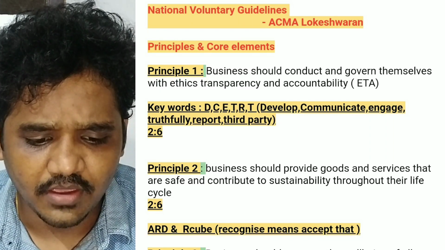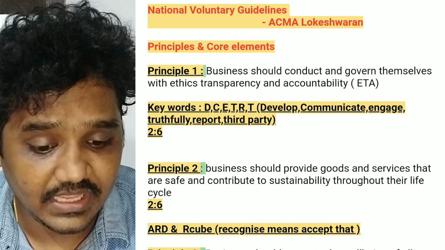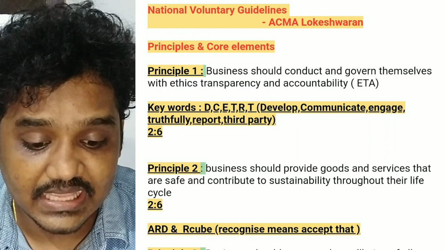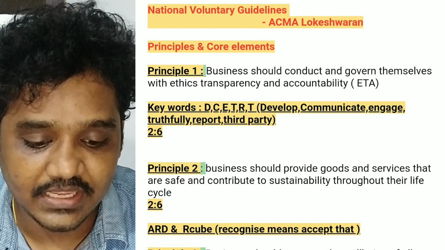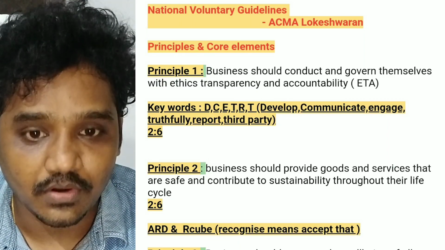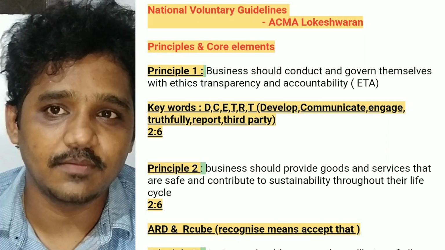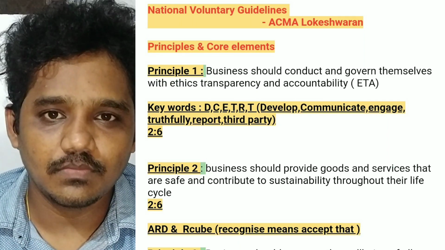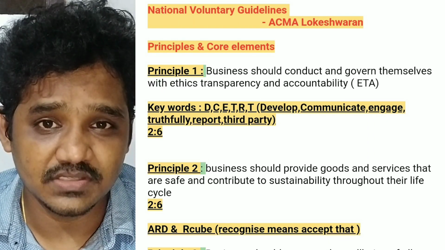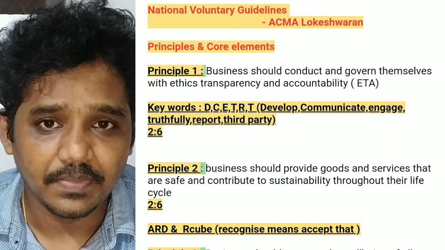Let's begin. Business should develop governance structures and procedures. When I say D, it means develop. When I say C, it means communicate. When I say E, it means engage. When I say T, it means truthfully. And when I say R, it means report. When I say T, the final one, it is nothing but third party. So what you have to do is just highlight these words in your core elements and then begin to study.